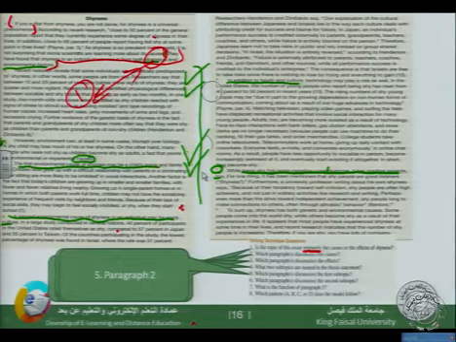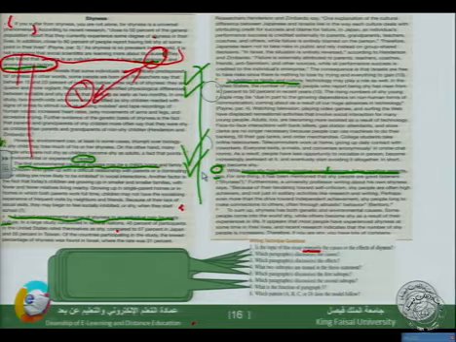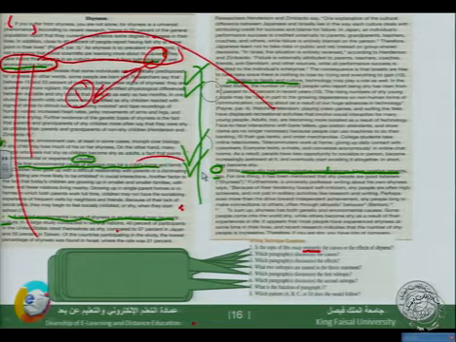So which paragraphs discuss the second subtopic? What is the second subtopic? Environmental factors. Which paragraph talks about the environmental factors? It is paragraph number 4, 5, and paragraph number 6. Here it talks about the family and home, and in the second it talks about the culture, and after that it talks about technology.